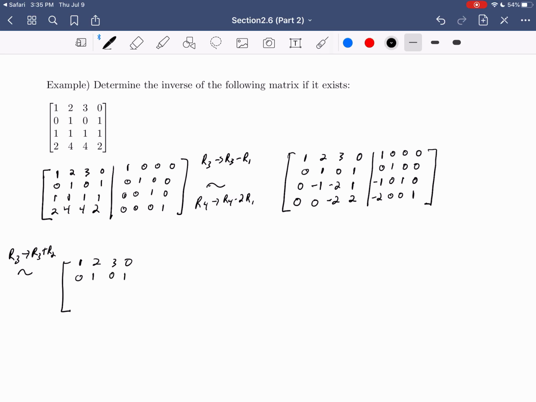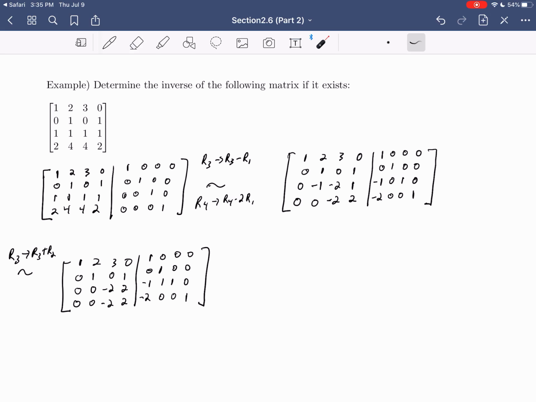Then we're adding row 2 to row 3, so we'll get 0, 0, negative 2, and 2. And then we're not modifying row 4, so we still have 0, 0, negative 2, 2. Then here we have 1, 0, 0, 0, 0, 1, 0, 0. We added row 2 to row 3, so now we have negative 1, 1, 1, 0. And then we have negative 2, 0, 0, 1.